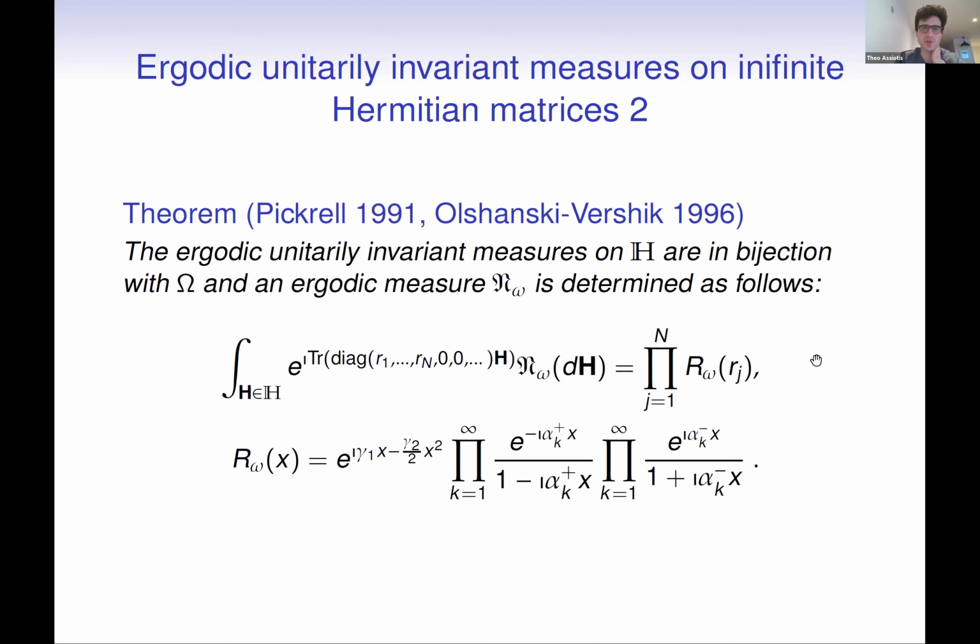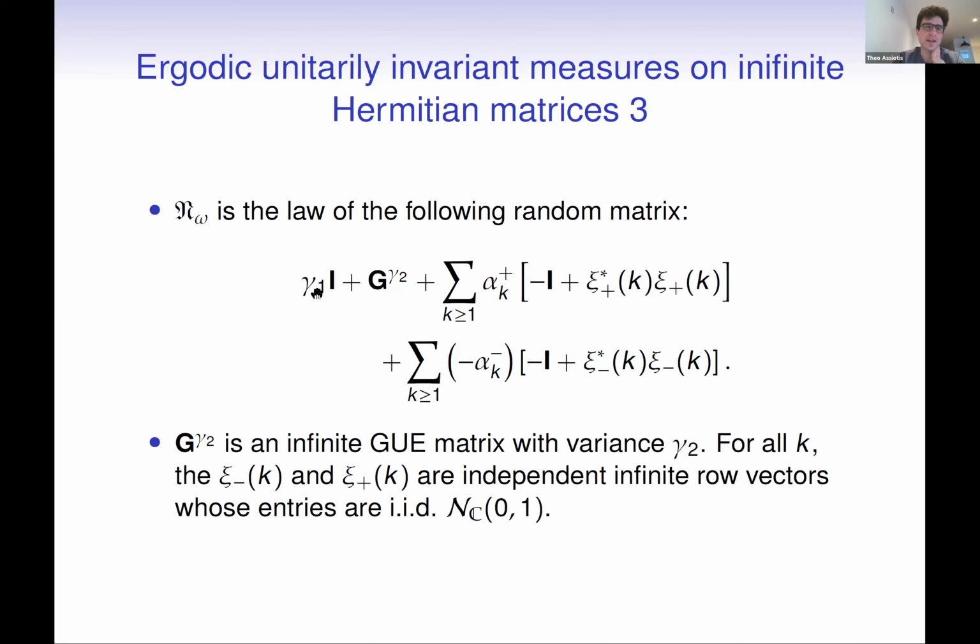But let me say something more concrete. The characteristic function has this product structure. Basically this n omega is the law of a random matrix, and this random matrix is just the sum of independent infinite random matrices. We have gamma 1 times the identity matrix, so there's nothing random here. Then we have G2, which is a GUE matrix with variance gamma 2, so this is the Gaussian component. So gamma 1 is the identity component, gamma 2 is the Gaussian component.